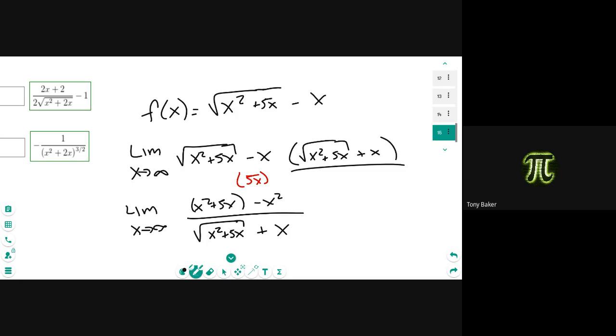And then plugging in infinity for that. Well, if you plug in infinity, oh wait, then you just find the derivative, because you'll end up getting infinity over infinity, which doesn't work. That's plus 1.